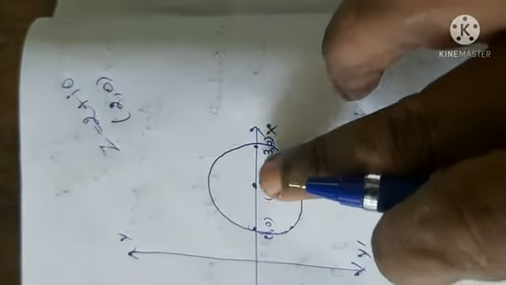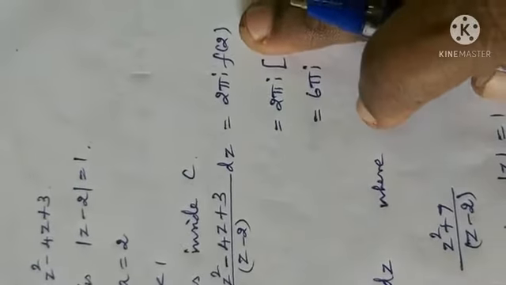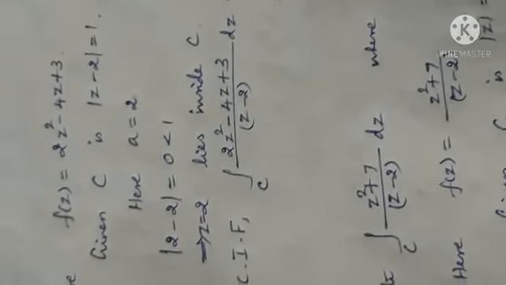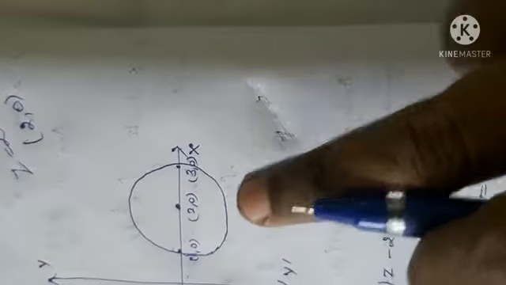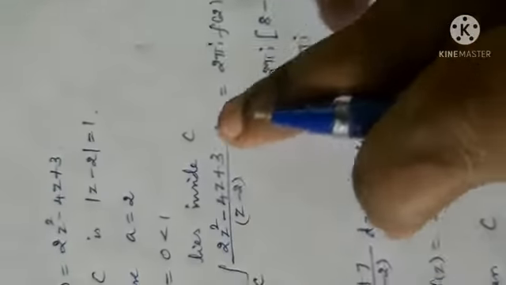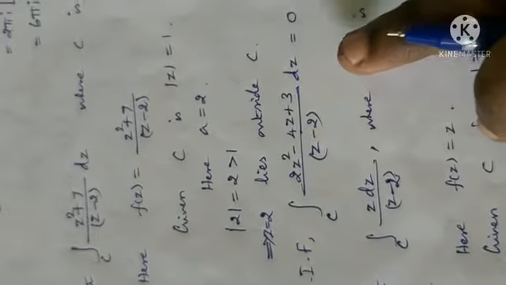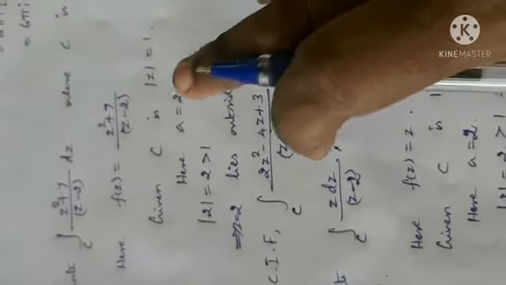It lies inside the curve. Hence, we can use Cauchy integral formula. Every time drawing a diagram and verifying whether the point lies inside or outside will take some time, so this is the easiest method. And here the answer is 0 because the point lies outside the curve.